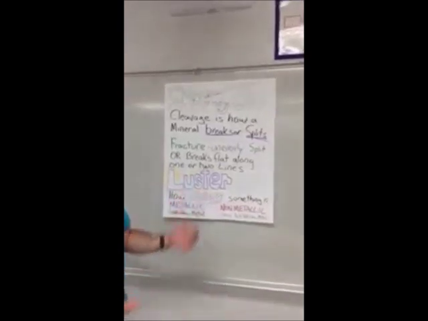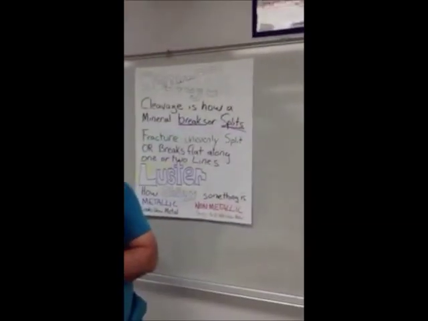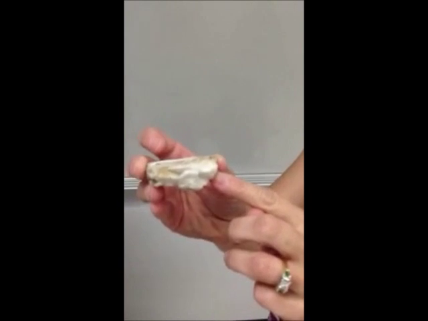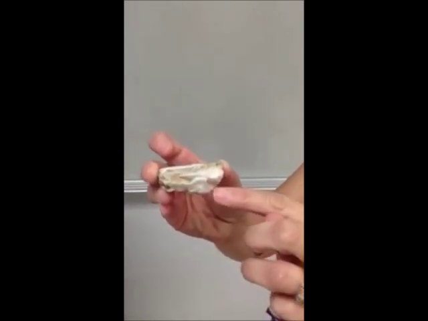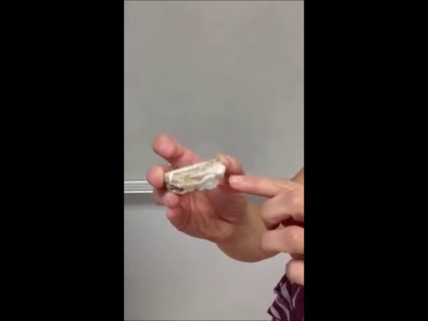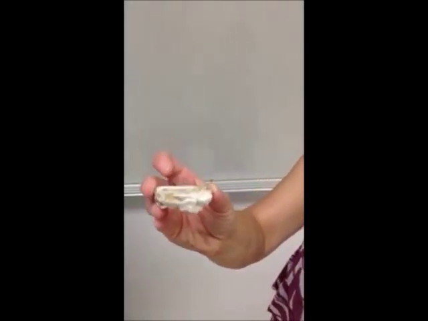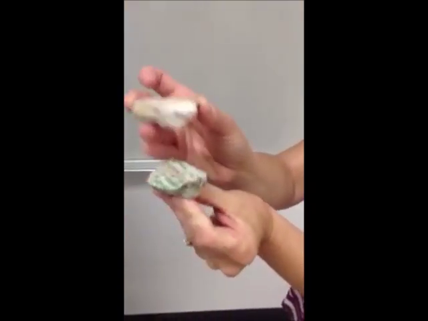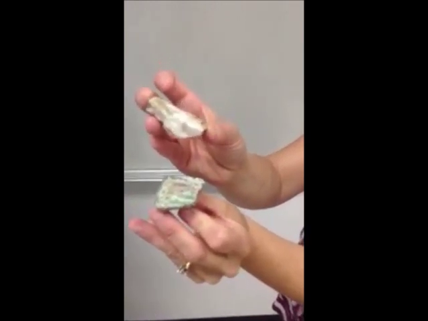Okay, our favorite, cleavage. What is cleavage? Cleavage is how the mineral breaks. As you take a look at this sample, you can see the different layers. If I were to use a tool to separate these layers, that would be the cleavage, the breaking points of each of the minerals. You can see on some of the different mineral samples that you have different areas where the minerals are going to break.